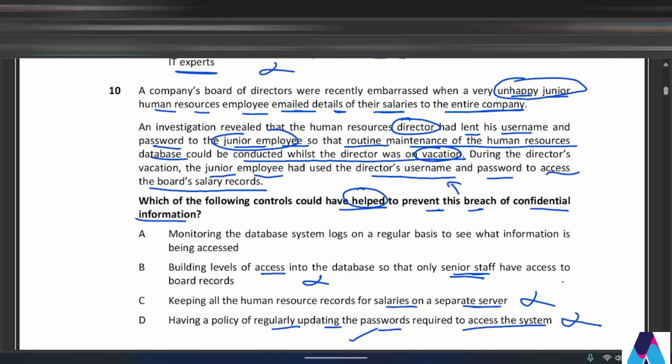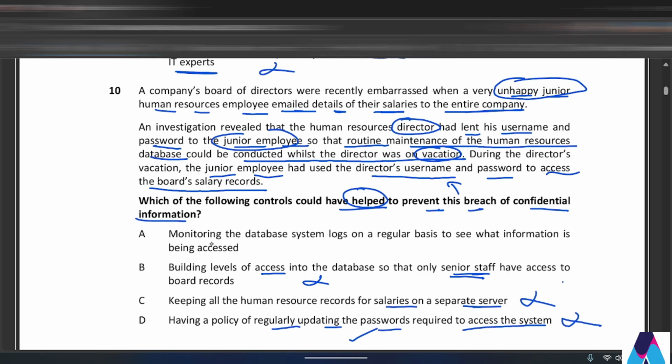So if I update my password today, and I myself hand over those passwords and username to my junior employee, he can just use that to access the information on the same day, right? And obviously he's part of the company, he would know that the next day it's going to be updated, so whatever he wants to do, he's going to do the same day, right? So again, in this particular situation, I don't think this is going to be effective.